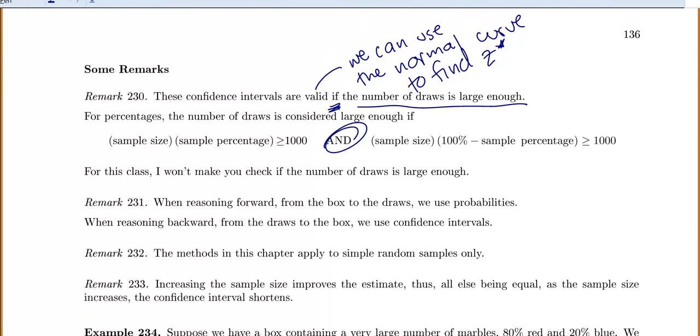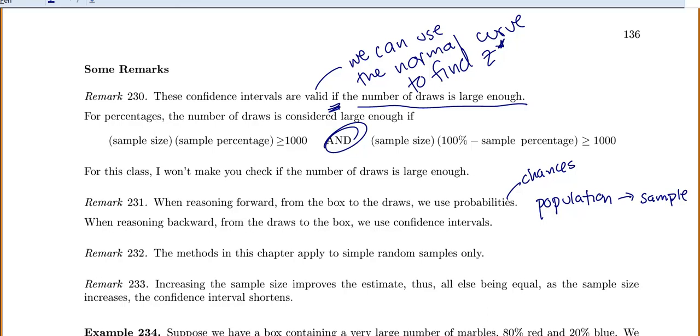Okay, a couple more remarks. 231 is when reasoning forward, like from the box to the draws, or in other words, from the population to the sample, we use probabilities, meaning chances. So if you know information about the population and you want to figure out information about the sample, you can use probabilities or chances.